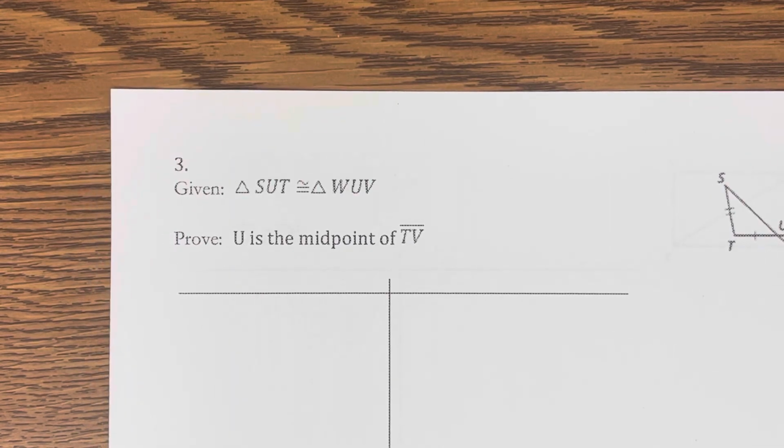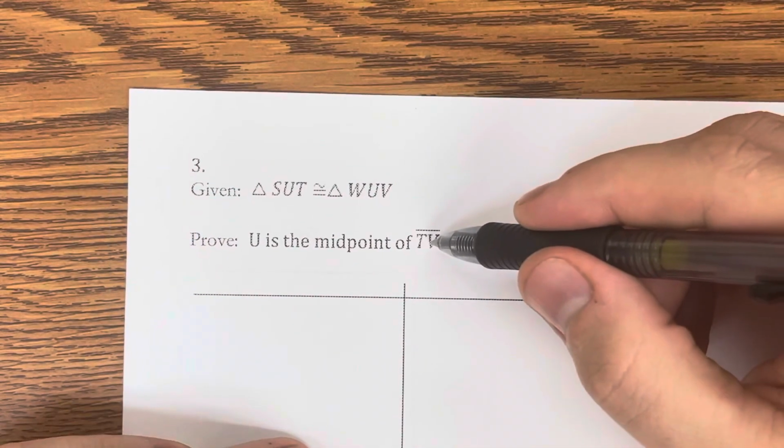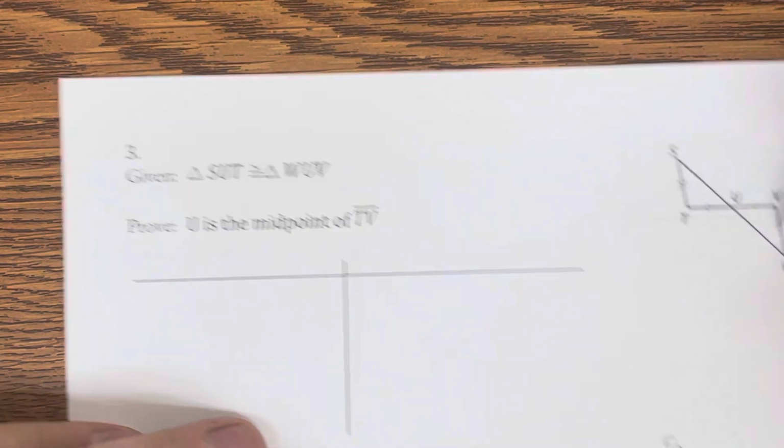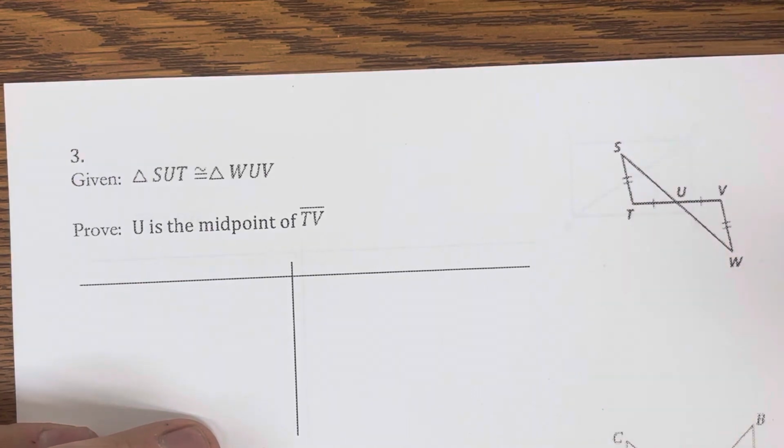The next ones we're going to do are a little bit more challenging. And in order for us to show that something is a midpoint, for me to state that U is the midpoint of TV, I have to have 2 congruent segments. So somewhere along the lines, I am going to have to state that TU is congruent to UV.